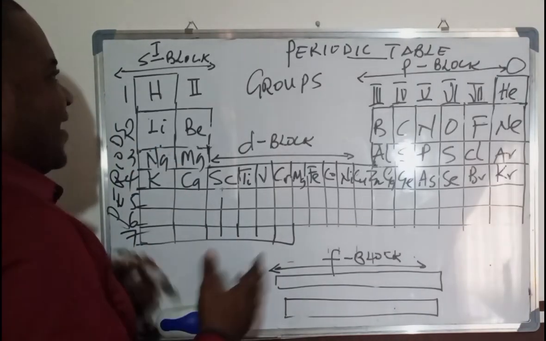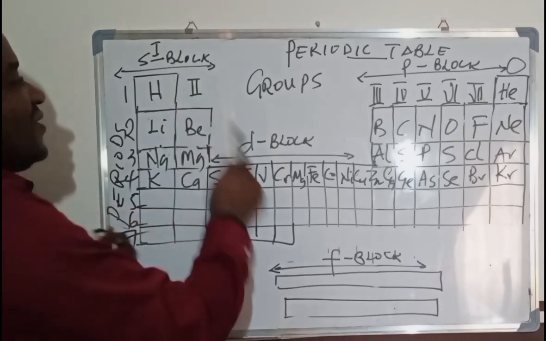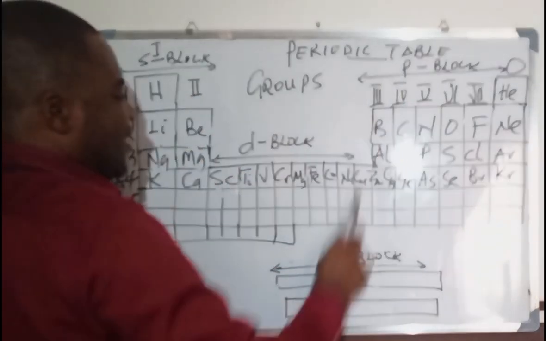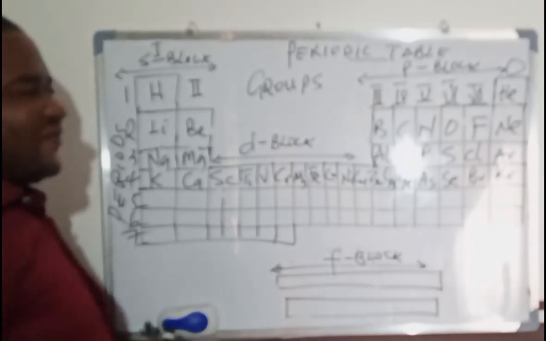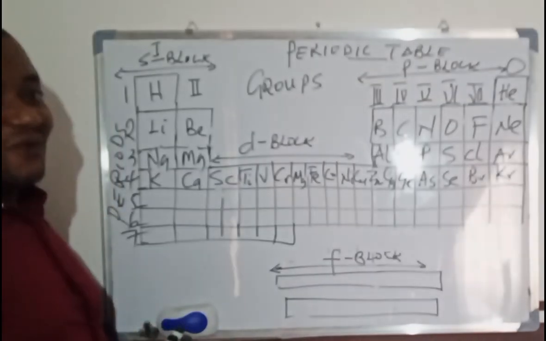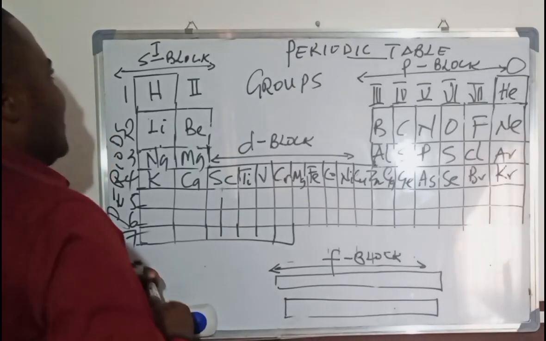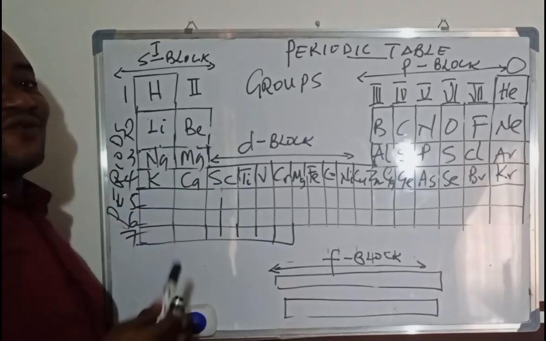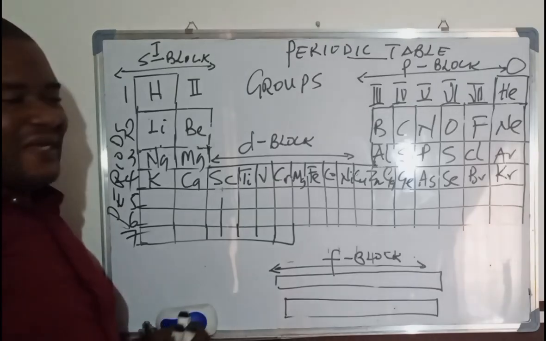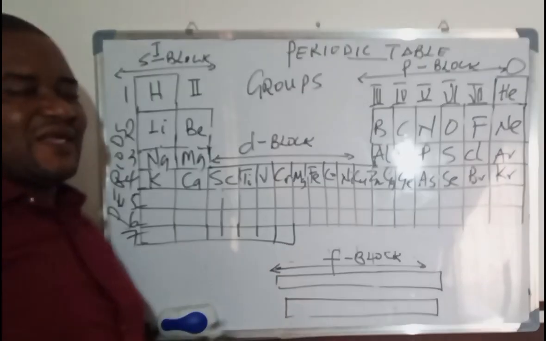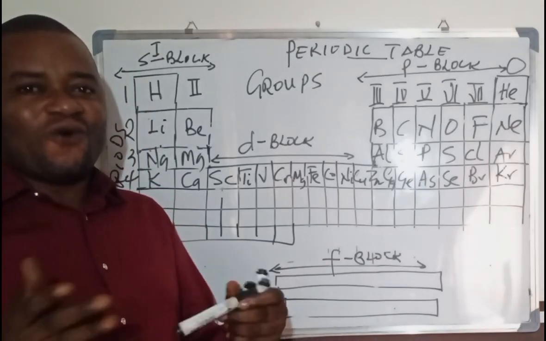Right, and then like I said before, we have 4 different regions that are called blocks, which are the S block, D block, P block, and the F block of the periodic table. It's good for us to know that the S block elements are always metals, and these are group 1 and group 2 of the periodic table. Then you have the D block, which are the transition metals, and we have had a class on this already.